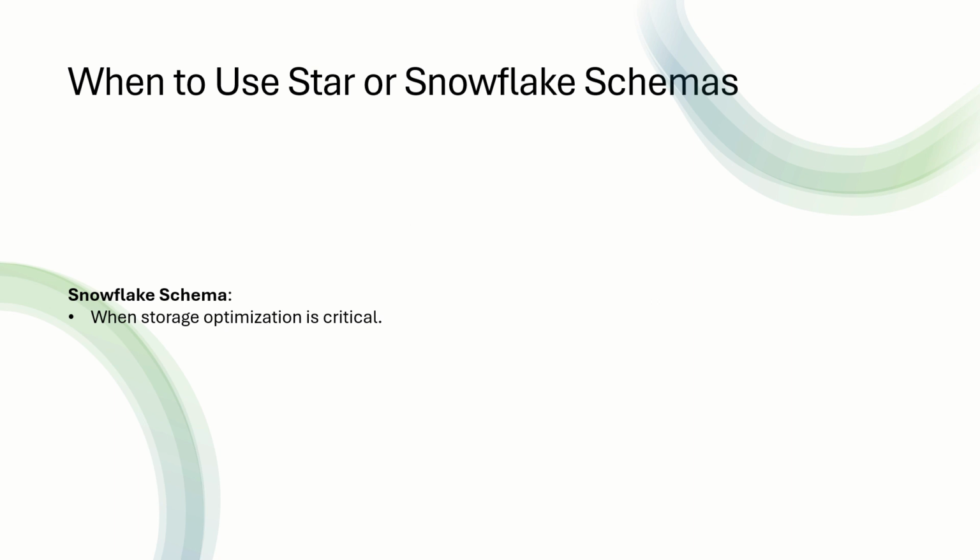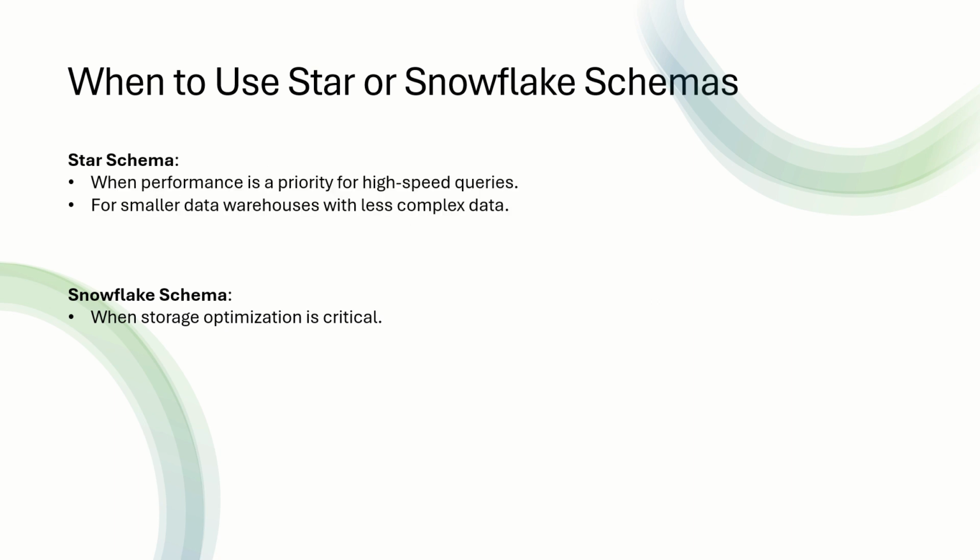So when to use a star or snowflake schema? Star schema when performance is a priority for high speed queries, for smaller data warehouses with less complex data, and snowflake schema when storage optimization is critical, for large data warehouses with complex hierarchies and relationships. Suppose the size of your data is very small.